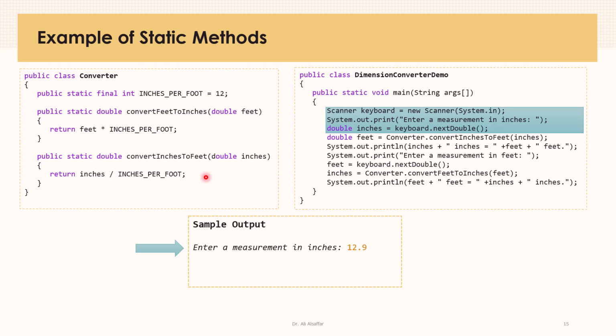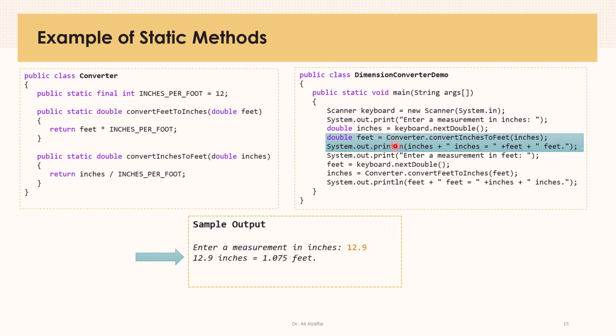For demonstration, we have created a demo class that uses the Converter class. First, as you see, we ask the user to enter a measurement in inches, and it asks the question, enter a measurement in inches. Suppose the user typed 12.9. Then we call the static method that converts inches to feet by using the class name.